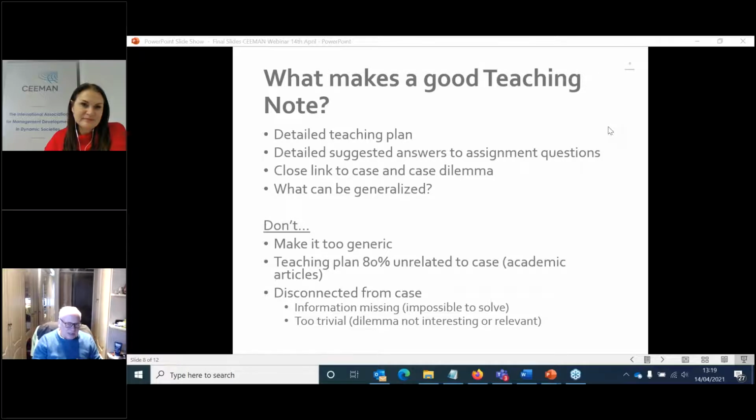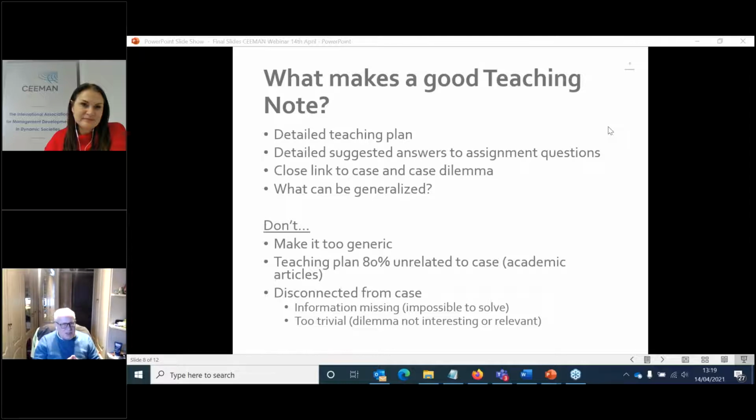Don't assign 10 different readings. It's not realistic. People don't read those. Only assign it if it's absolutely essential. You can have as many as you want as optional. That's completely up to you. But try to keep it reasonable in terms of workload, because if you over-assign things, the students are not going to read it, they are not well prepared, and you don't have a good case discussion.